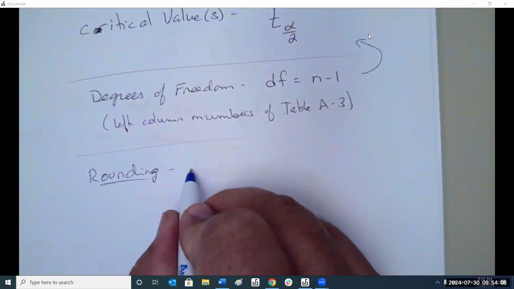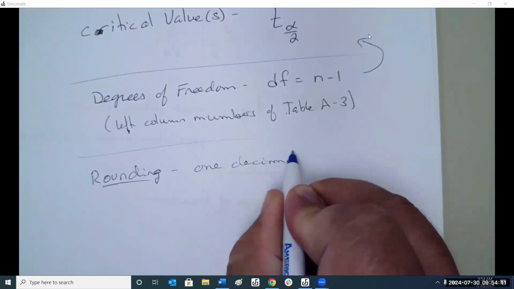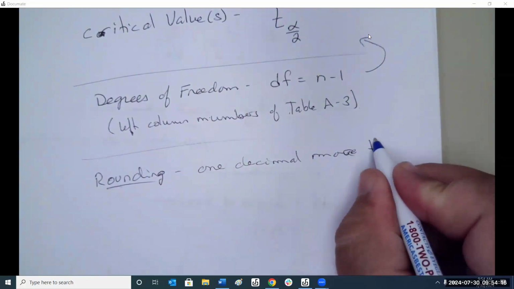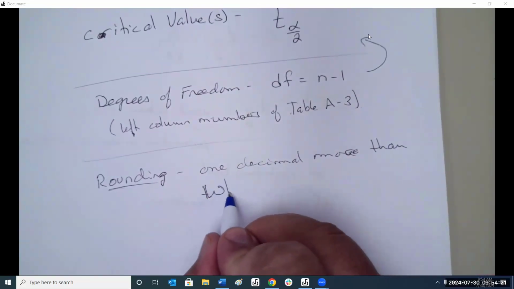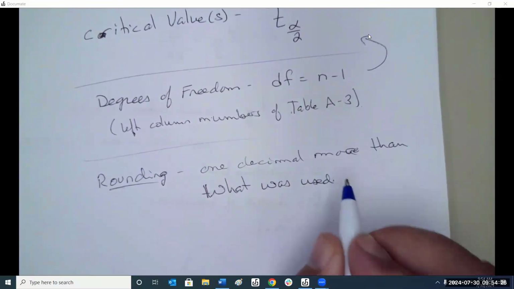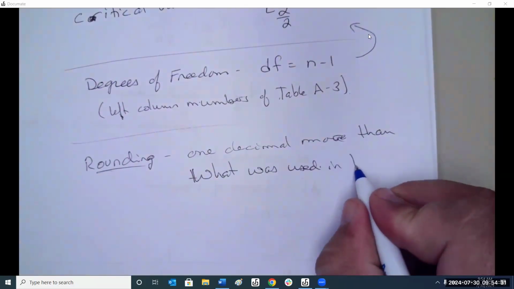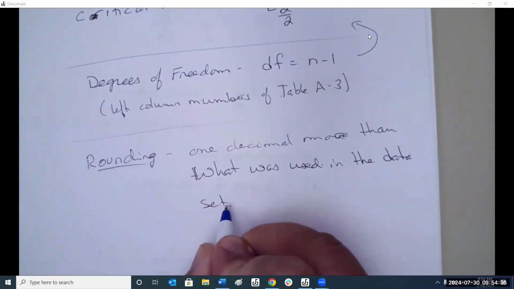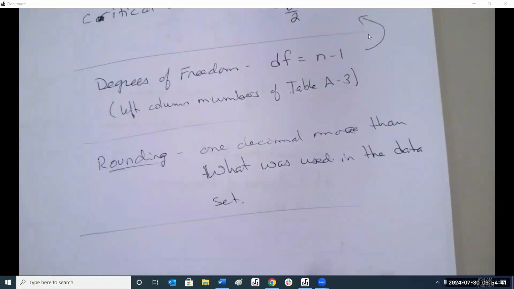So the rounding is one decimal more than what was used in the data set. So it's like this.